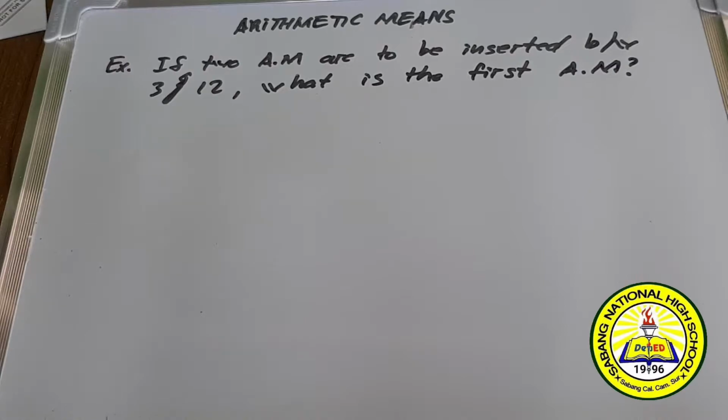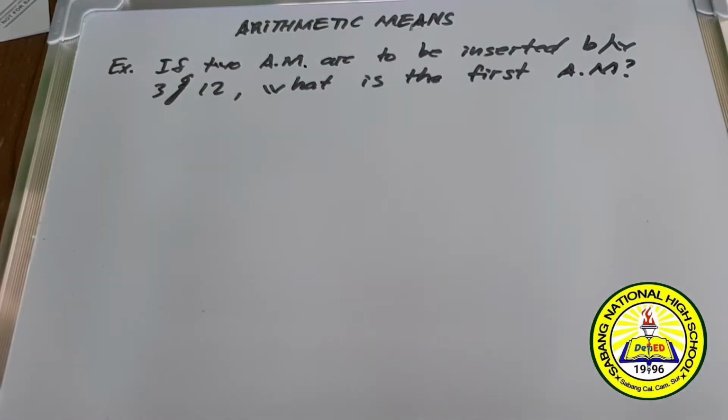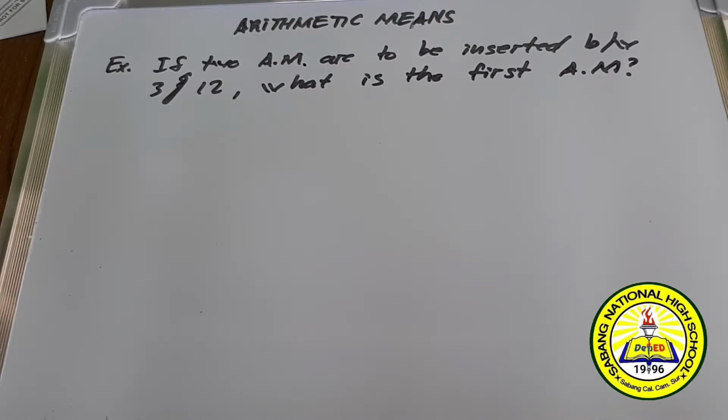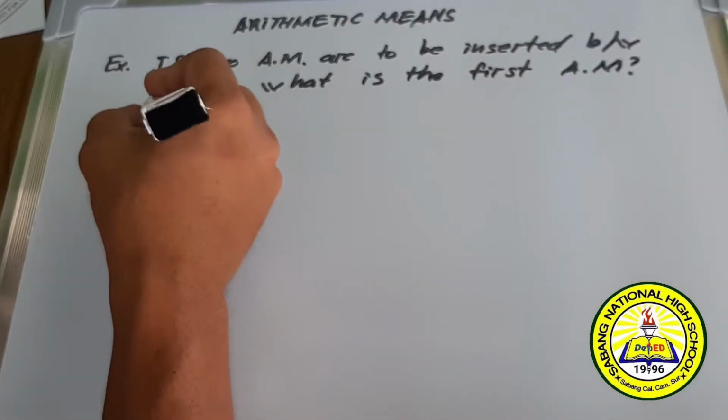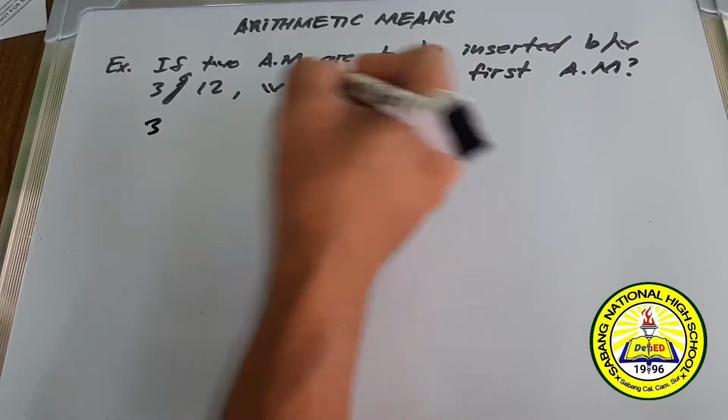So example, if two arithmetic means (AM stands for arithmetic mean) are to be inserted between 3 and 12, what is the first arithmetic mean? What is being asked is the arithmetic means, and what are given are 3 and 12.